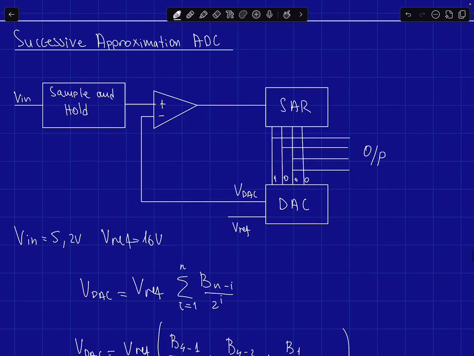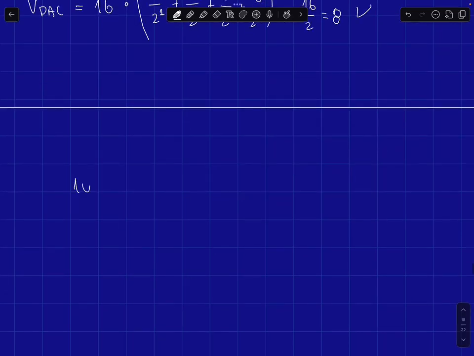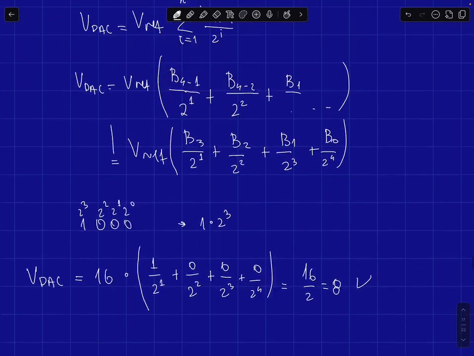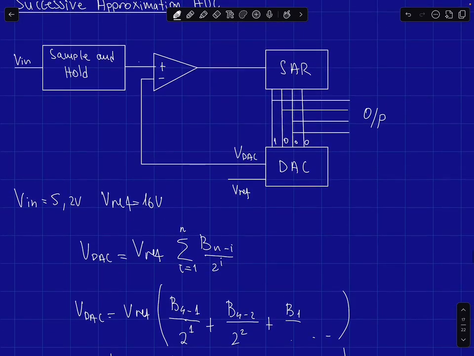Now the way this register operates on this number 1000 is the following. It compares the Vin with the VDAC, because as you can see in the picture, here we have the Vin and here we have the VDAC.